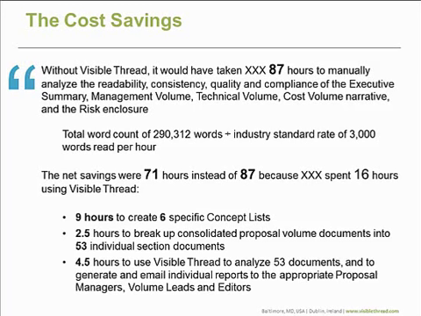And they looked at the net savings, which came to 71 hours instead of the 87 hours. And they looked at what time they were spending in VisibleThread, and that was 16 hours, to help create all of the reports and make the reports available to various editors and authors.